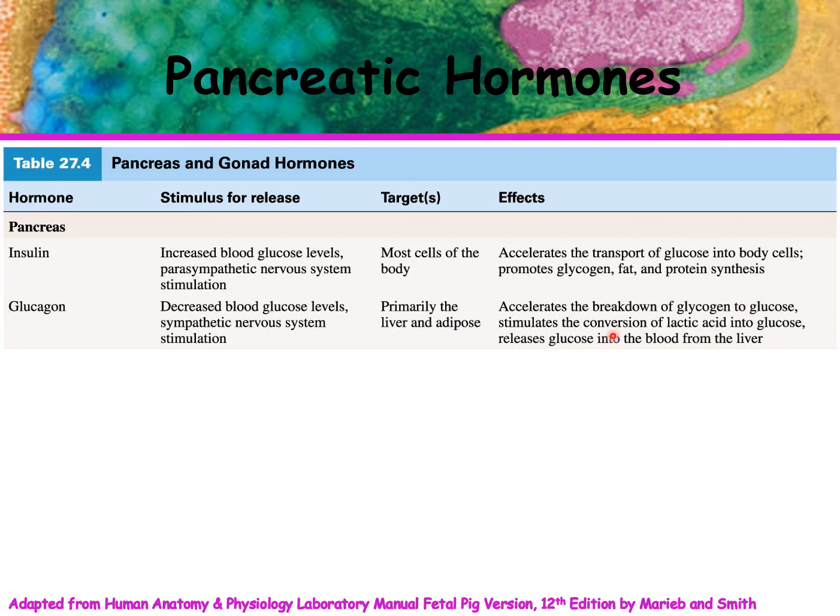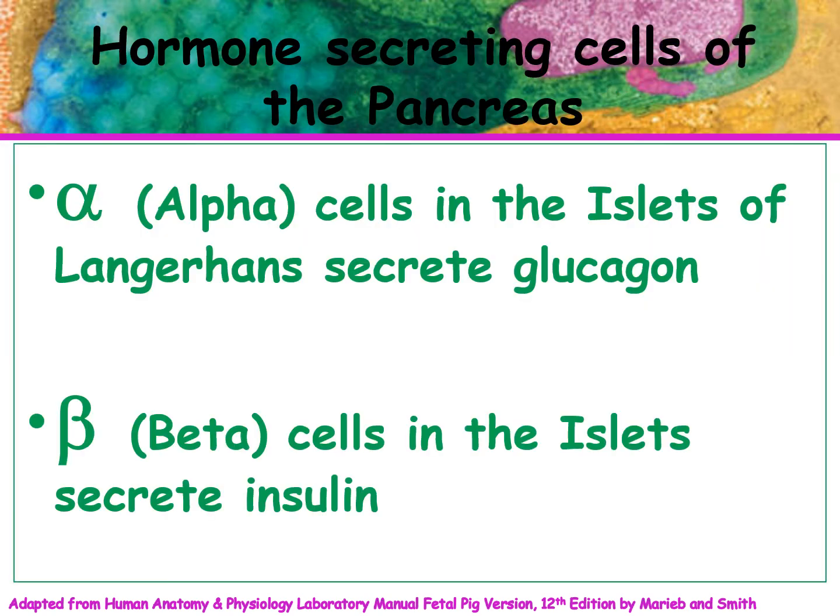Glucagon works opposite to insulin, meaning that it will bring glycogen out of storage and have it broken down to glucose. So again, to recap, alpha cells in the islets of Langerhans secrete glucagon, whereas beta cells in the islets secrete insulin. And we will take a look at these cells when we look at the histology of the pancreas.